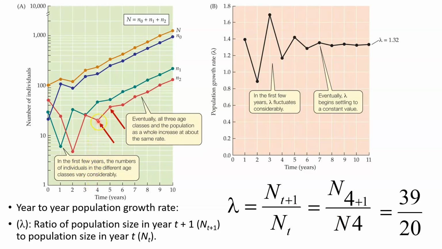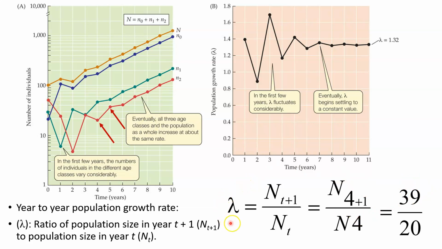Go up over here until it hits that particular curve, go this way, and if I read this logarithmic curve, it corresponds to something like 20. Now what is my t plus 1? Plus 1 is after a single year, so if my t is 4, my t plus 1 is going to be 5. Let's read the number of individuals at t plus 1. Now t is 4, 4 plus 1 is 5. It's slightly below 40, so I'm going to call it 39. It's a very good guess.